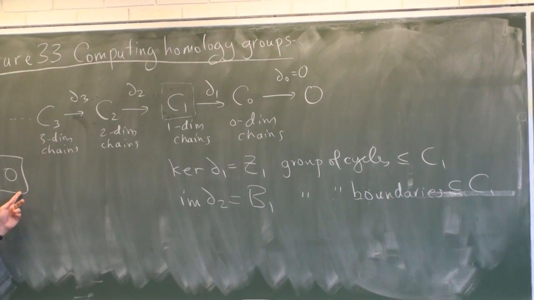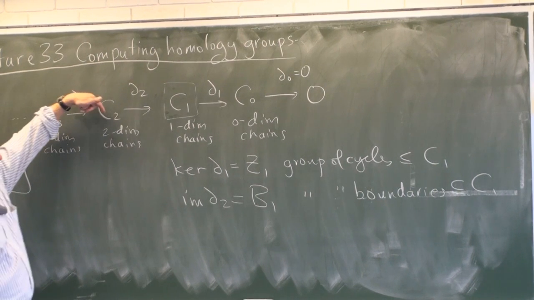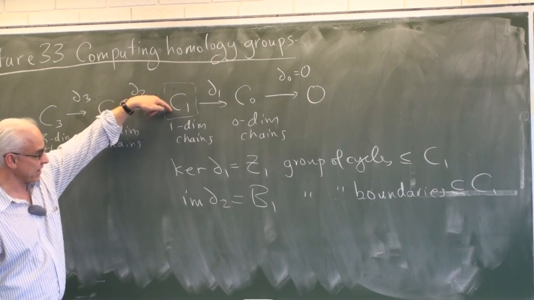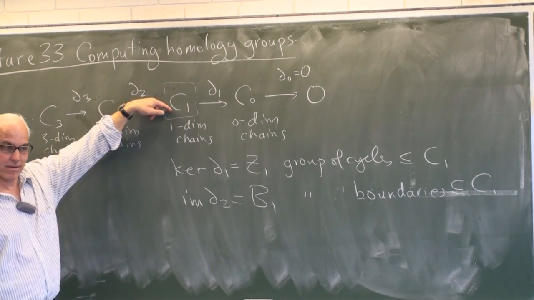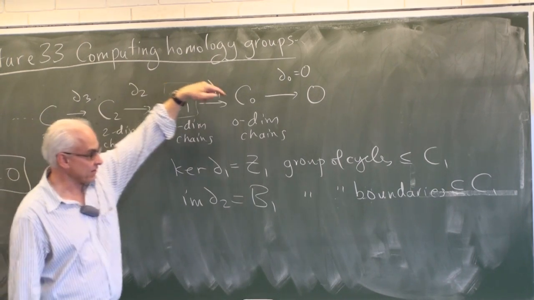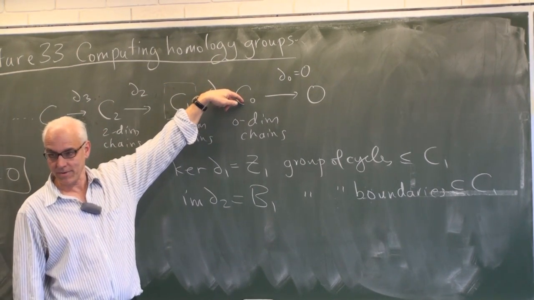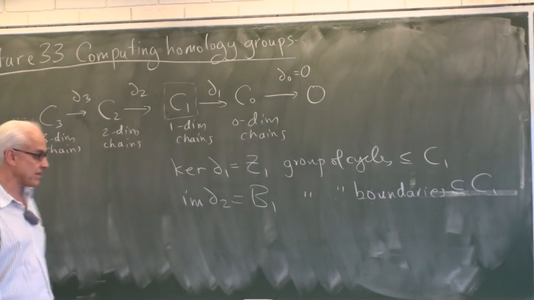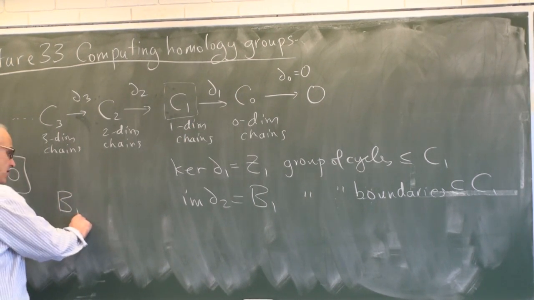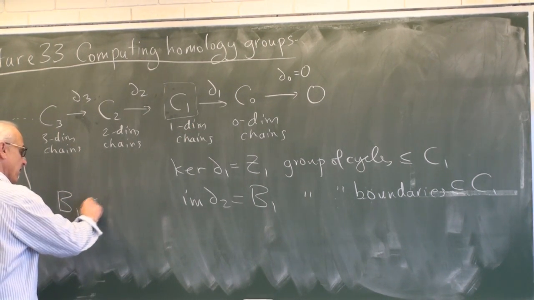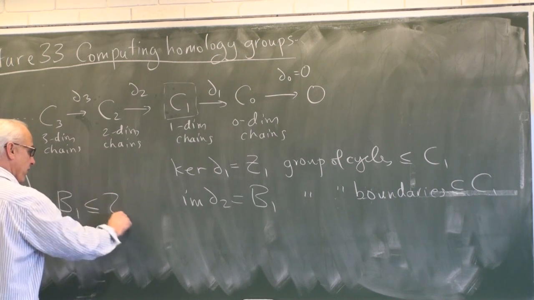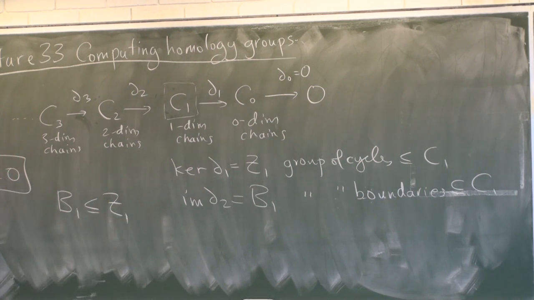And this relation tells us that if we start with something in here and we apply the del to get a boundary, then if we apply the del again to that, we're going to get 0. So that's telling us that the boundaries form a subgroup of the cycles.